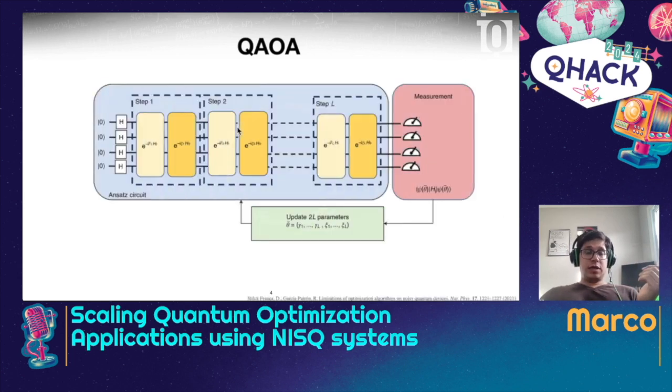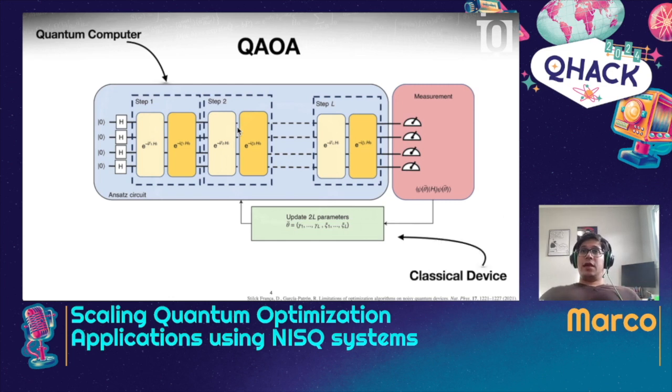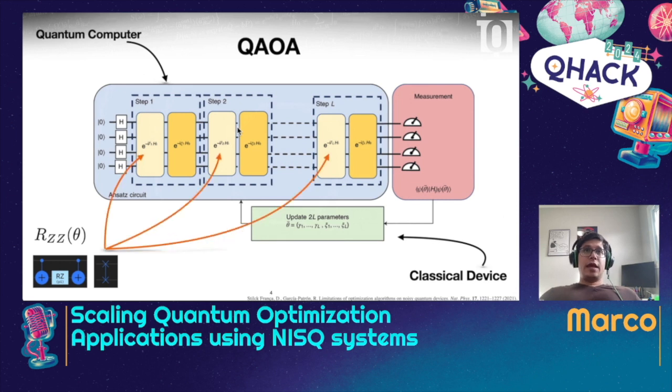This algorithm comes in the form of layers, and it's a hybrid algorithm, meaning that some parts of it run on the quantum device and other parts run on a classical device, and you need this classical-quantum loop to train it. So this is the part that runs on the classical device. These two gates, the RCC and the swap gates, are repeated a lot of times inside the inner layers of QAOA.